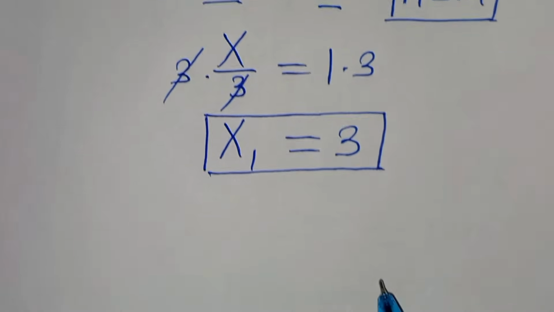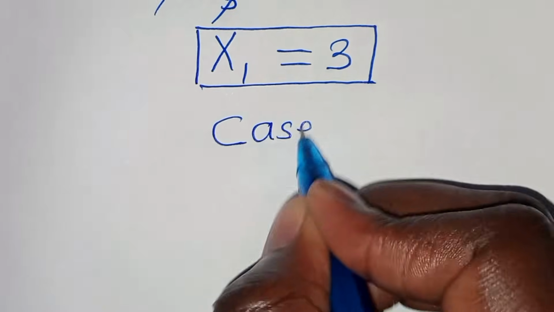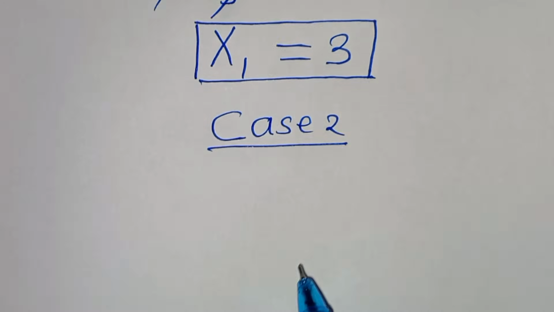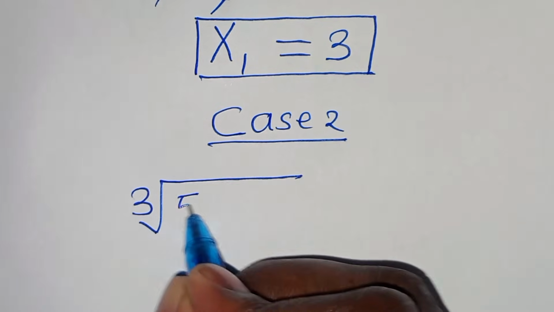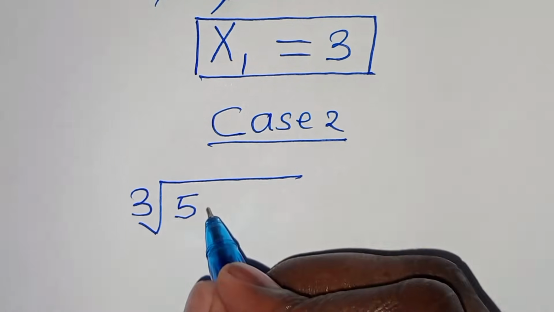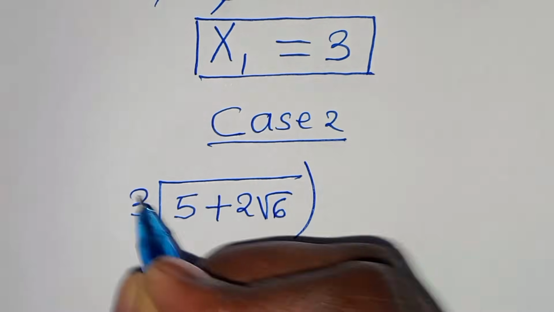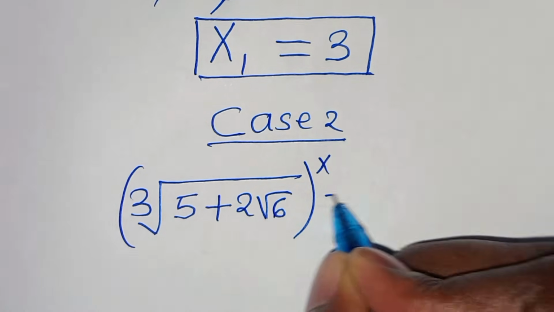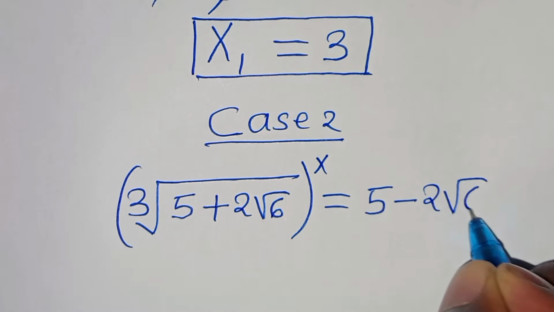Now, let's proceed to case 2. In case 2, we have the cube root of 5 plus 2 root 6 raised to the power of x. This is equal to 5 minus 2 root 6.